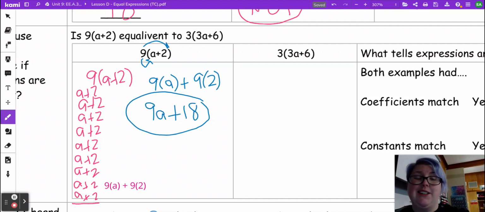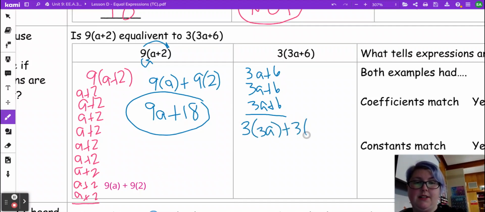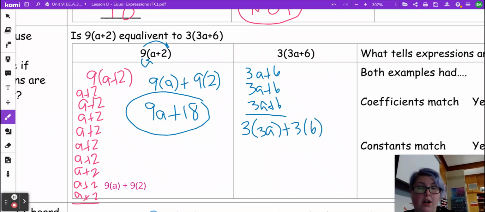All right, let's do the exact same thing over here with 3 times the quantity 3A plus 6. This becomes 3 times 3A plus 3 times 6. Or, again, I can use that distributive property.